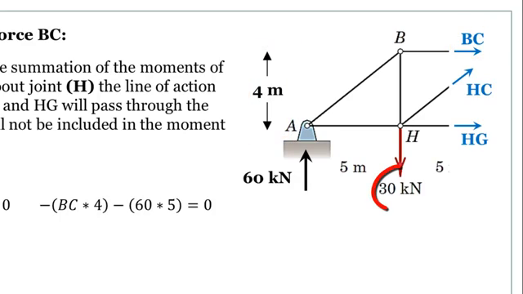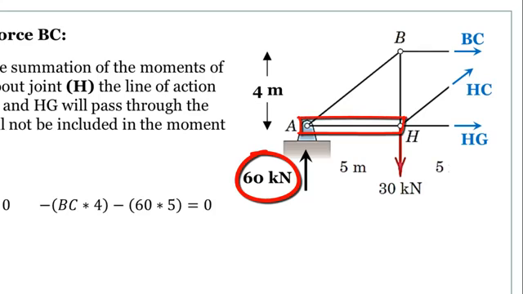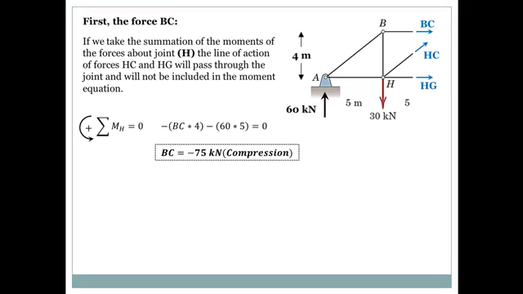Then the 30 kilonewtons will not play into the equation. HG passes through H, so it doesn't play into the equation. HC, same thing. So I'm left with the 60 kilonewton reaction at A. So I'll do 60 times 5, and it's rotating clockwise, so it should have a negative sign. And if I solve for BC, I will end up having negative 75 kilonewtons.